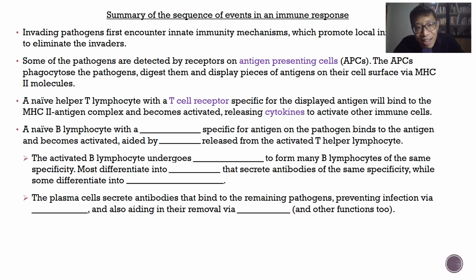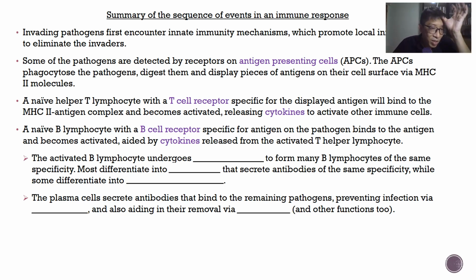So a naive B cell, also with a receptor, a membrane-bound antibody, a B cell receptor that is specific for this antigen found on this pathogen, would also become activated, aided by the cytokines that were released from the activated helper T cell.